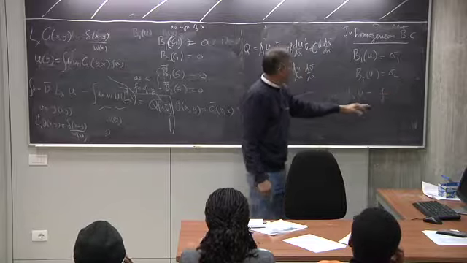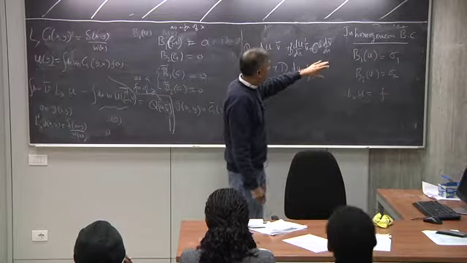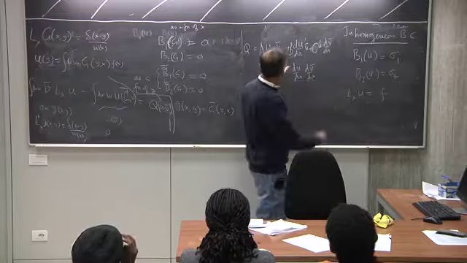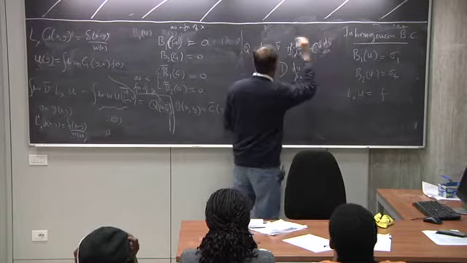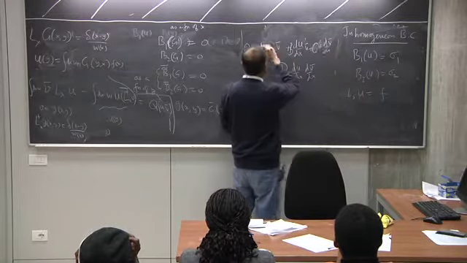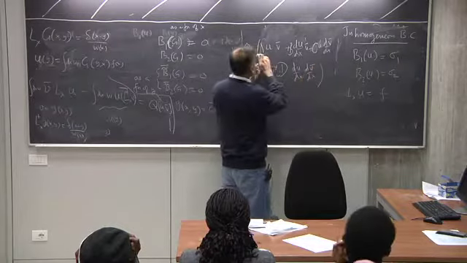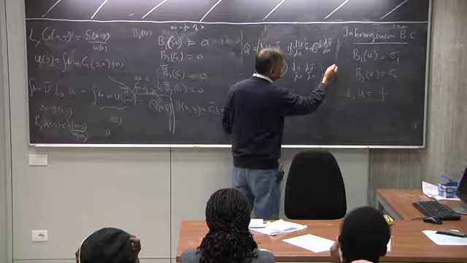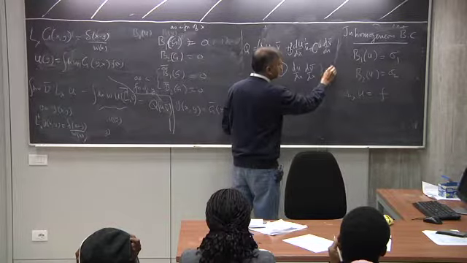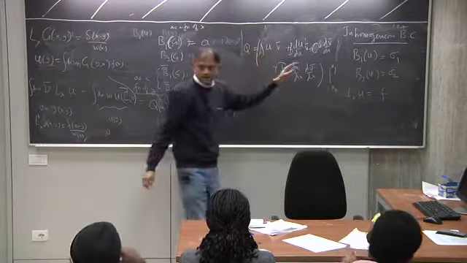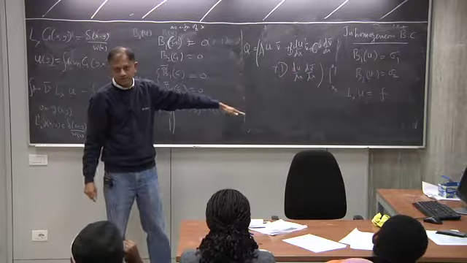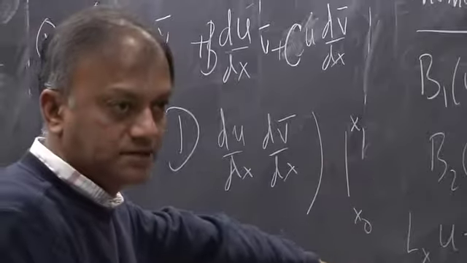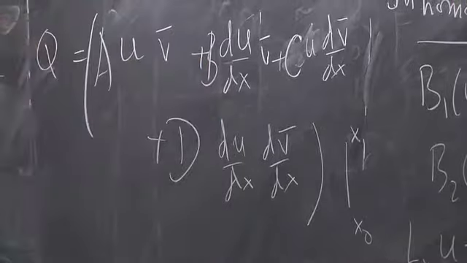This Q is to be evaluated at the two endpoints, x1 and x0. These are the boundary terms, the surface terms evaluated at the endpoints. This is the general form of the expression.